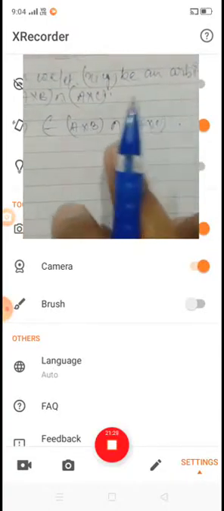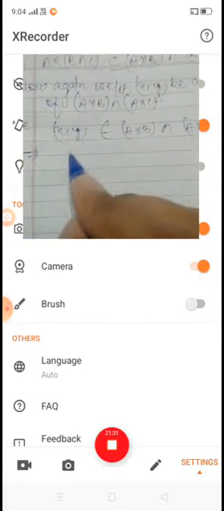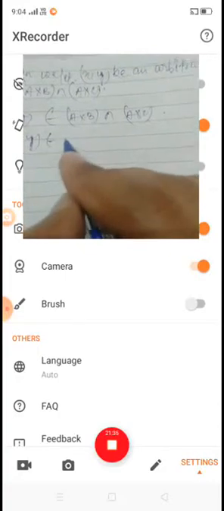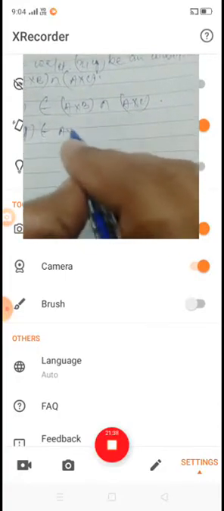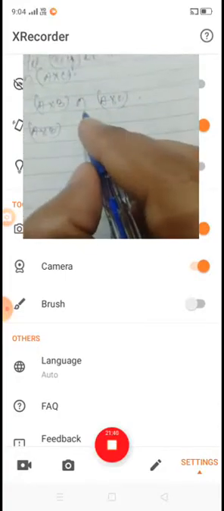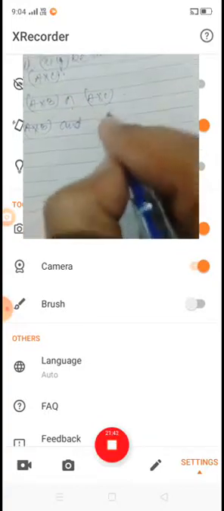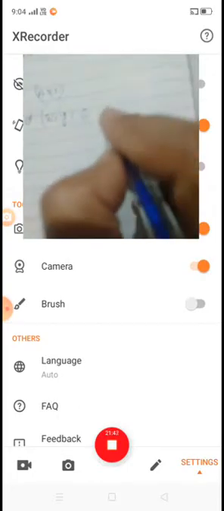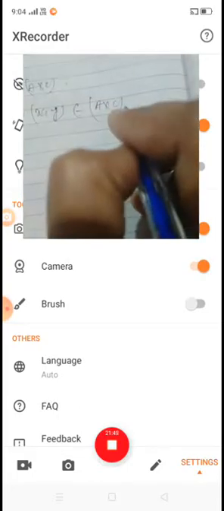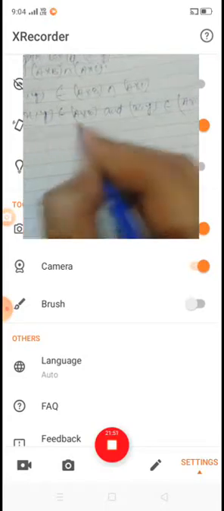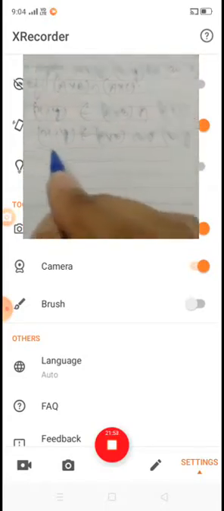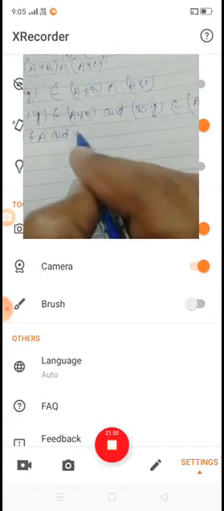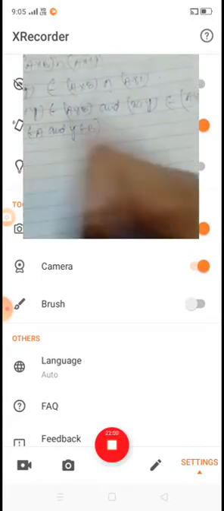So by the definition of intersection we have (x, y) belongs to A × B and (x, y) belongs to A × C. Now by the definition of ordered pair we have x belongs to A and y belongs to B.